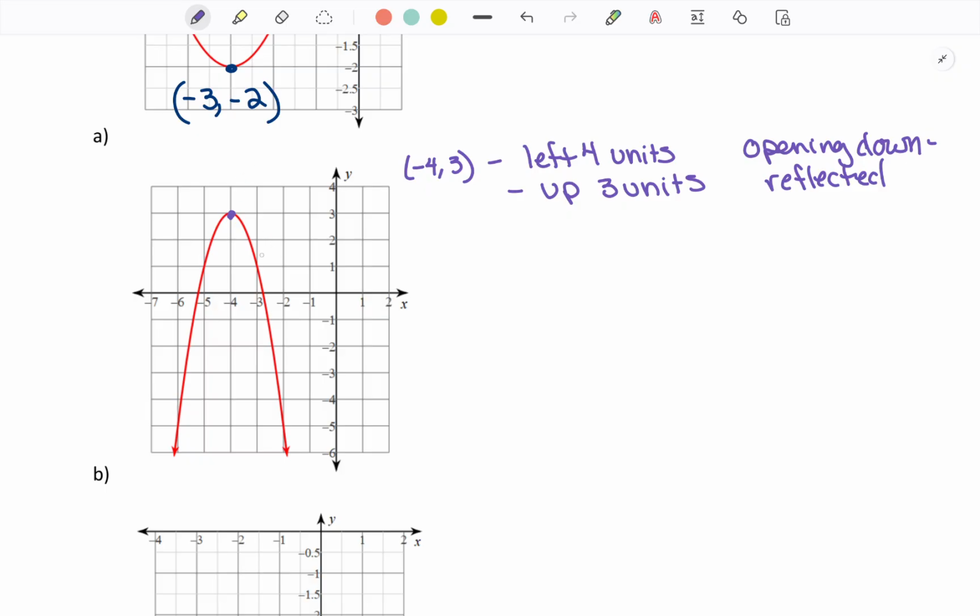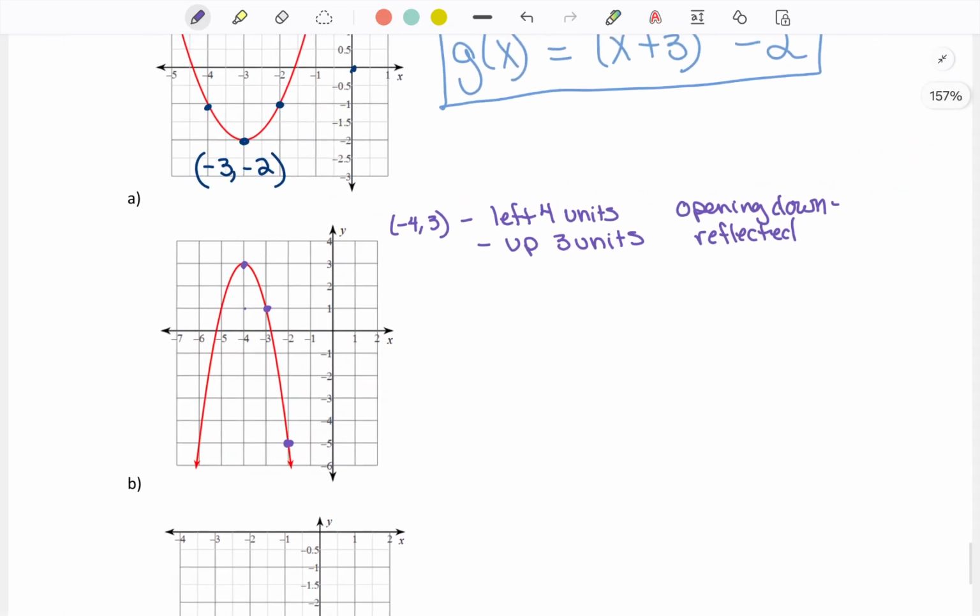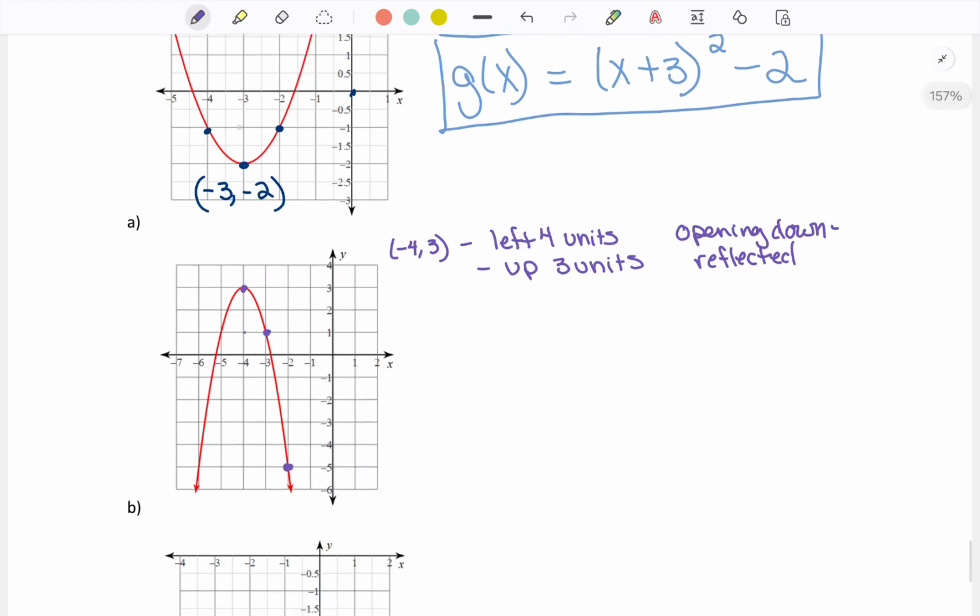And then we went, let's see, we are going down 2 over 1. And then we are going, let's see, 1, 2, 3, 4, 5, 6, and over 1. And so if you look at what we had before, we were going up 1 over 1.